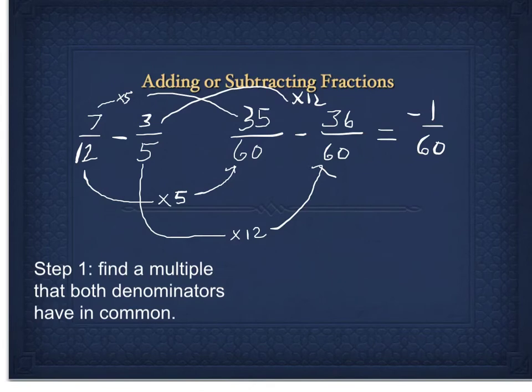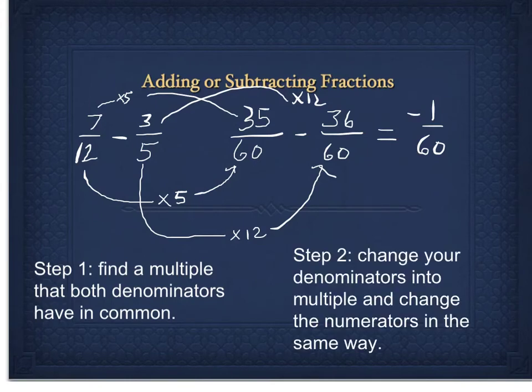So let's review our steps. Step 1 is first you want to find a multiple that both of your denominators have in common. In this case, our denominators are 5 and 12, and they both have 60 in common. The second step is to change your denominators into the multiple and change the numerators in the same way.